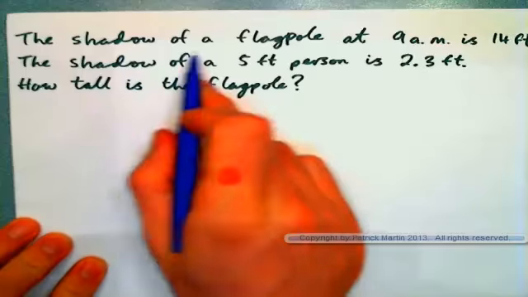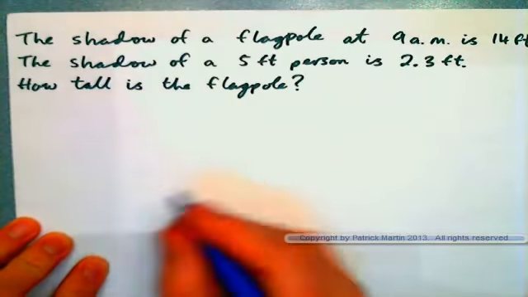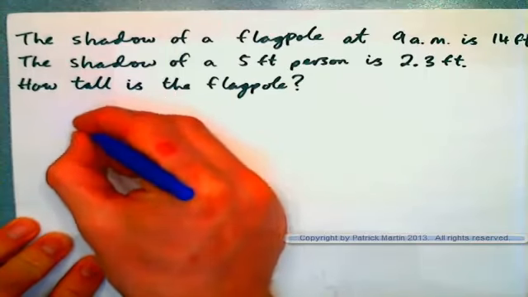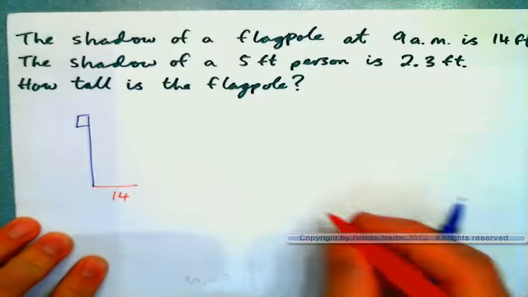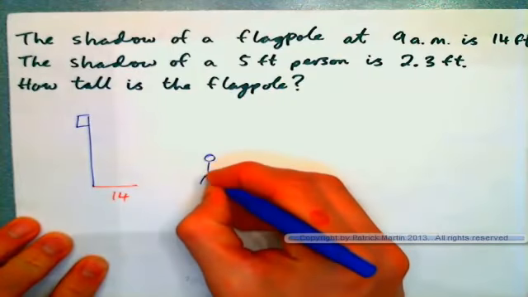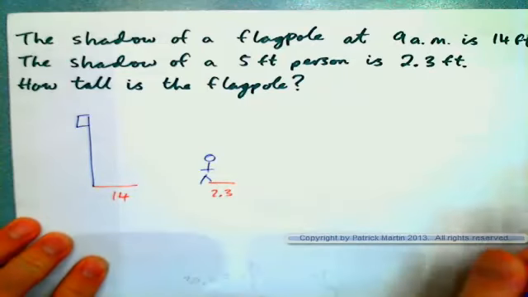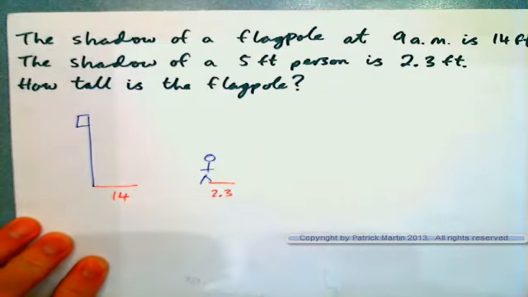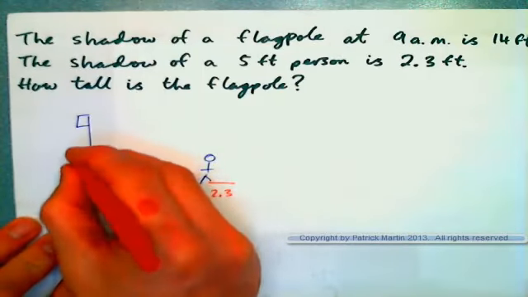So the shadow of a flagpole at 9 a.m. is 14 feet. The shadow of a 5-foot person is 2.3 feet. How tall is the flagpole? Here's the flagpole. It has a shadow of 14 feet. Here's the person. The person has a shadow of 2.3 feet on the ground. The flagpole's height is unknown, x.